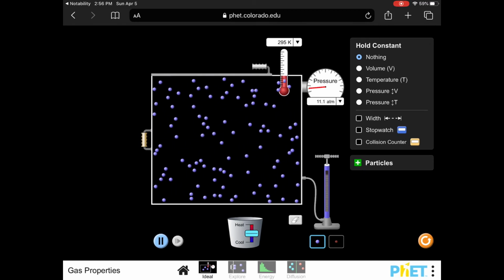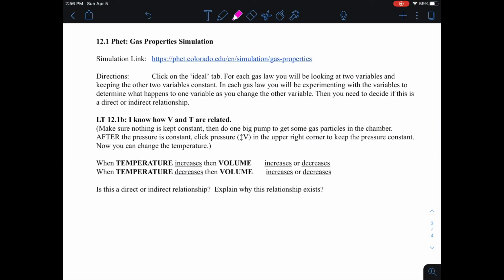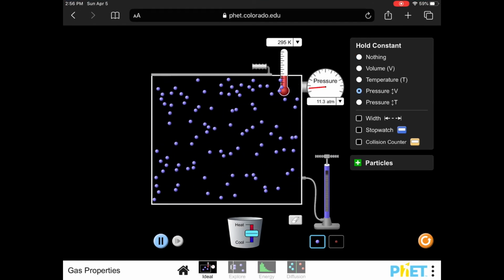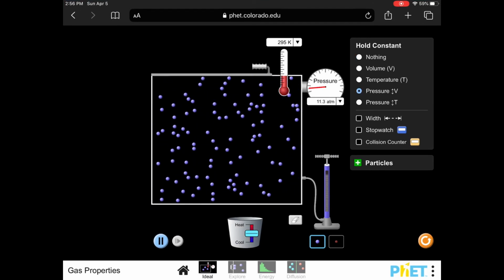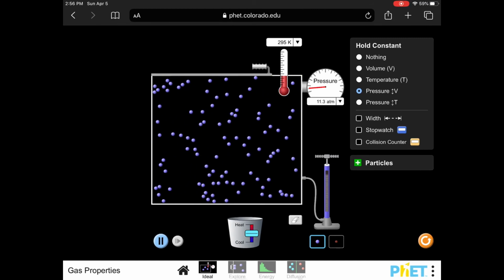But for this first one, if I go back, it says, once we have some particles in there, after the pressure is constant, click pressure. We're going to want the pressure to be constant. And let's see what happens now if I heat the container up.